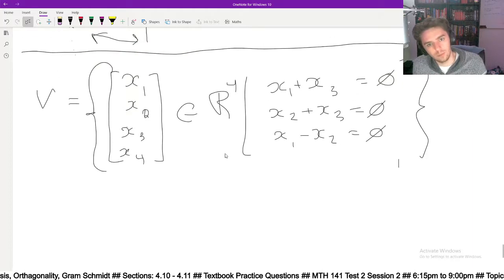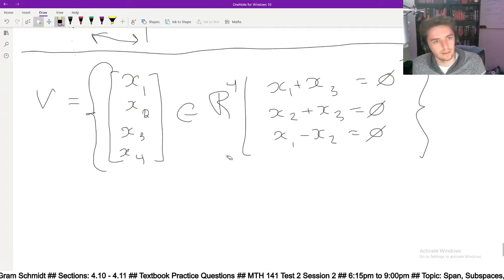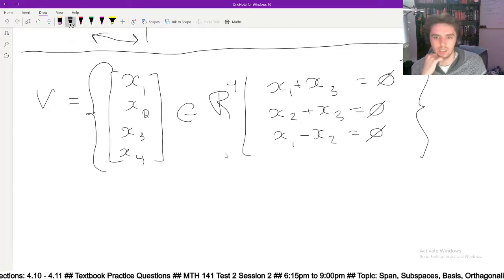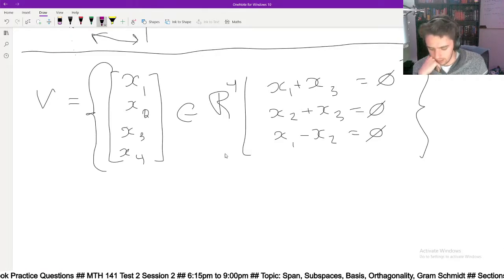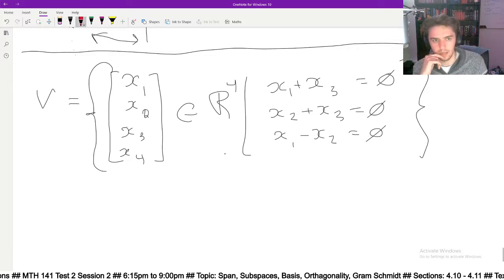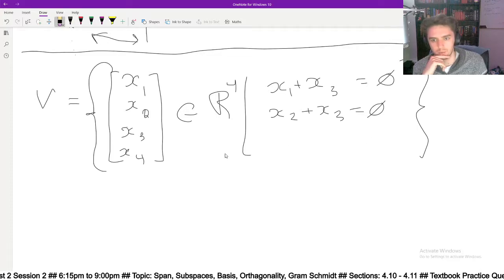So first of all, I want to write this as just a vector with the conditions in it, right? One thing you can notice is that these conditions are redundant. Two can combine into one, right? So if I just take this bottom one, I could rewrite that as x1 equals x2, right?